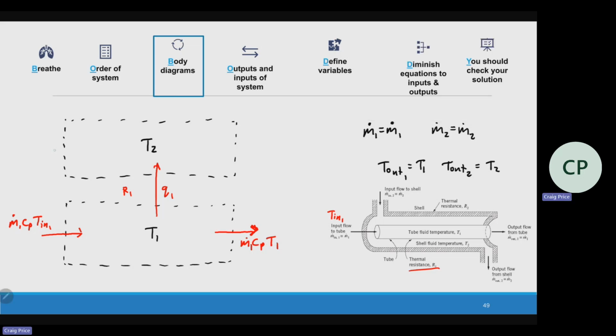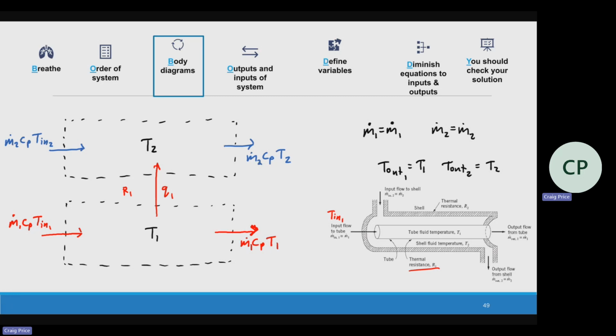Now for T2, this is the shell. It enters with its mass flow rate and a starting temperature, which is pretty low, and then it exits with the average temperature T2. So obviously T2 is going to be larger than TN2 because I'm getting this heat coming in.